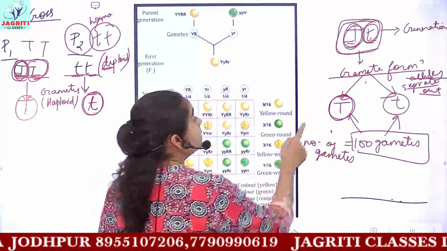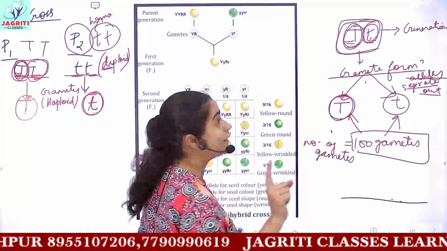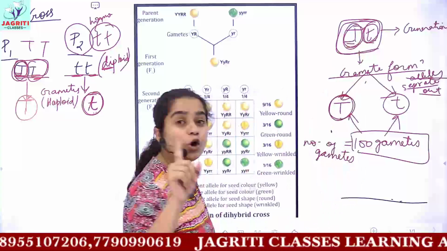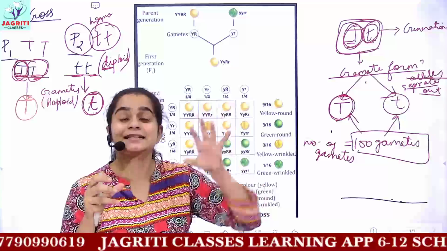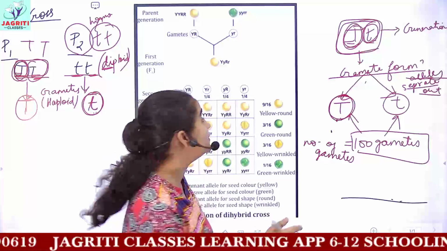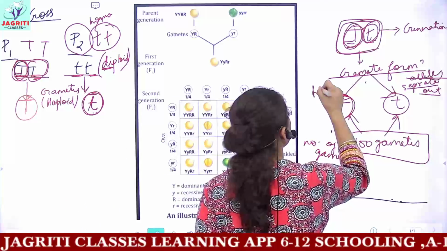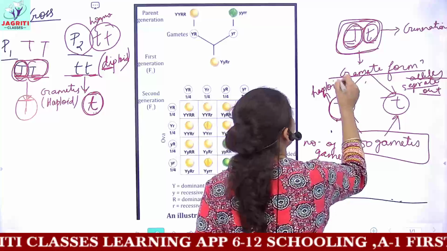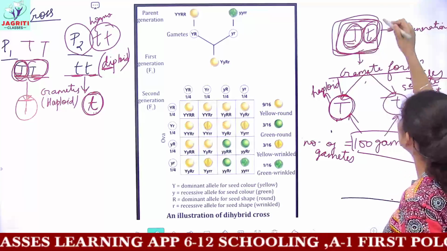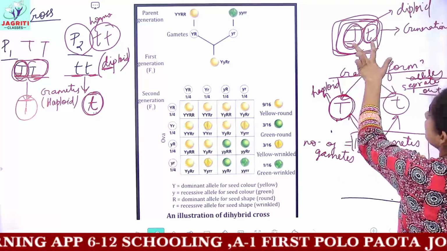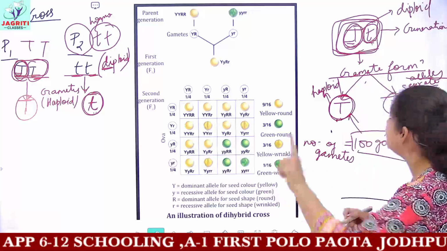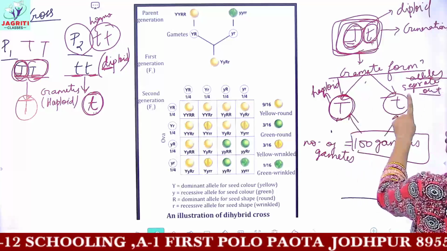And because each gamete is receiving only one copy of an allele, or you can say each gamete is receiving only one type of allele, the gametes are known as haploid. Because here the parents were what? Diploid. They had two kinds of alleles, but the gametes received only one copy, either T or small t.